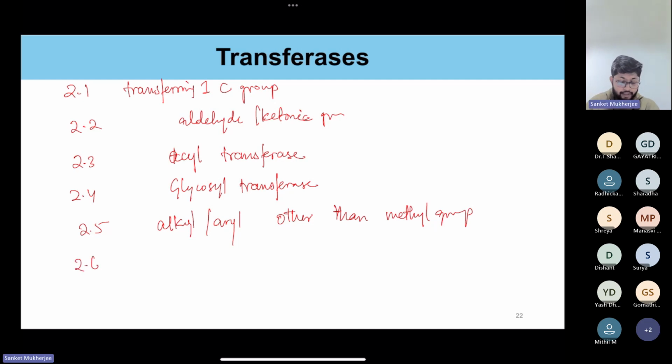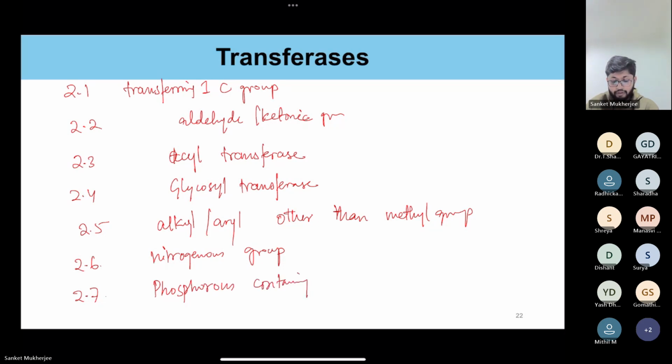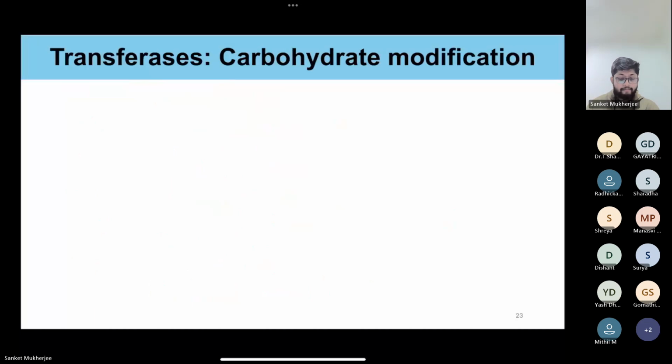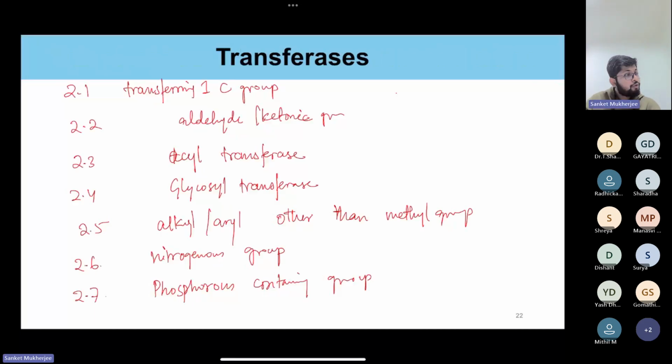2.6 transfers nitrogenous groups. 2.7 transfers phosphorus-containing groups. 2.8, sulfur containing groups are transferred. 2.9, selenium containing groups are transferred.